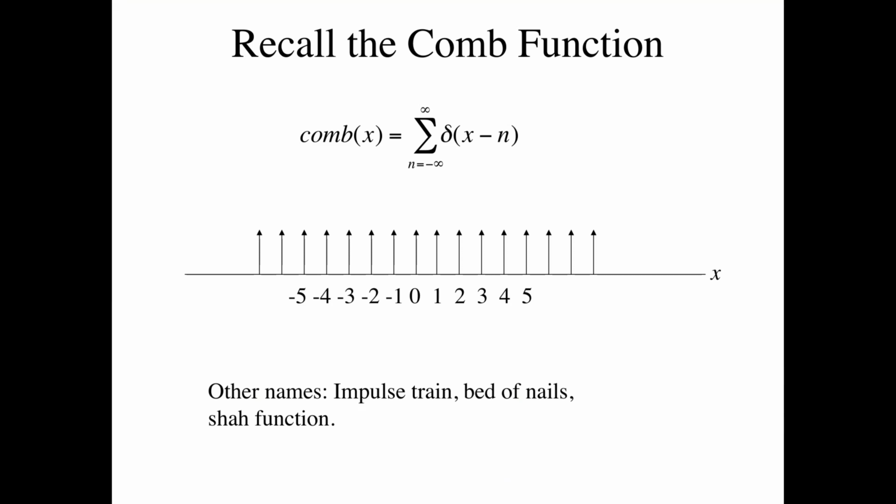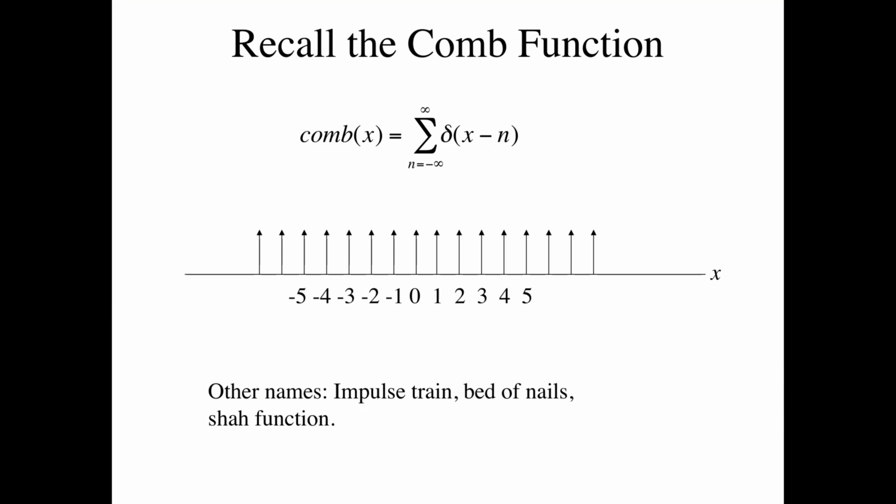So a comb function is just a sum of delta functions. You just write them out as a whole pile of them, with an integer offset such that you get a delta function at each integer value. Okay. And this is very useful, obviously, because it looks like a function that you would use to sample something, right?